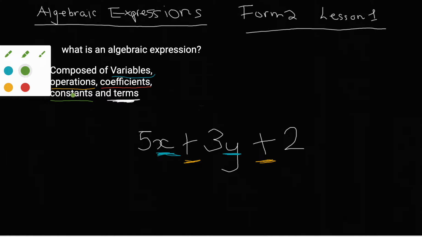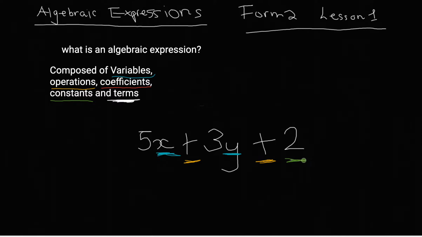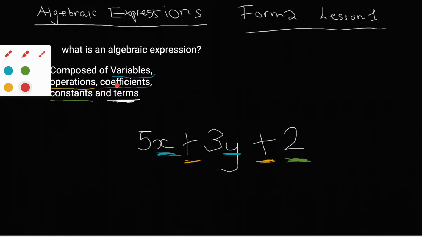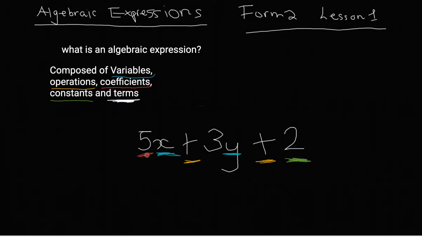This is a number that will stay the same always. That's what a constant is. In this expression, it's the number 2. Coefficients are the numbers in front of your variables. So here, your coefficients are 5 and 3.